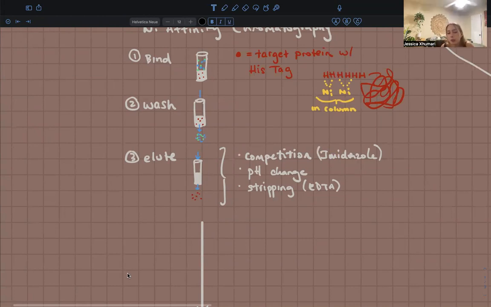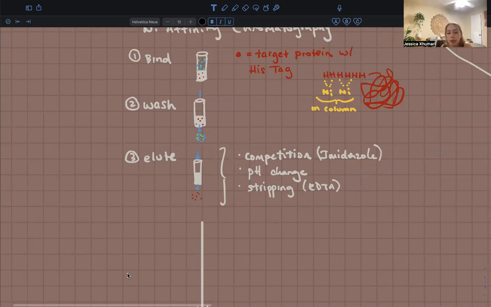We also could use pH change to deprotonate the histidines. So there's no longer that affinity for the nickel because it's dependent on the hydrogens on the histidines, I believe. And then a last technique could be stripping the nickel and histidines together, okay?